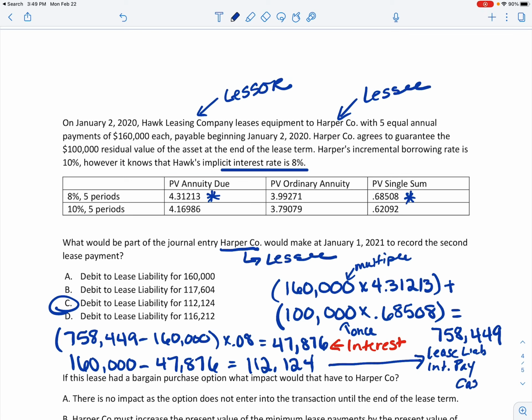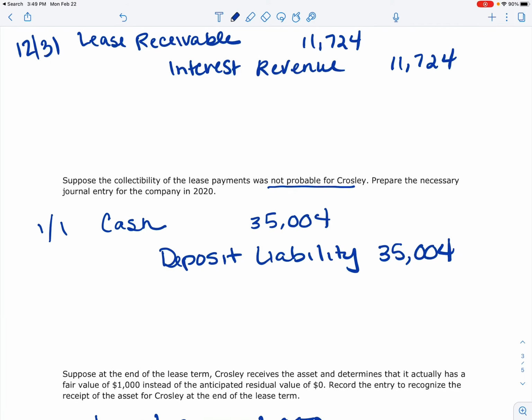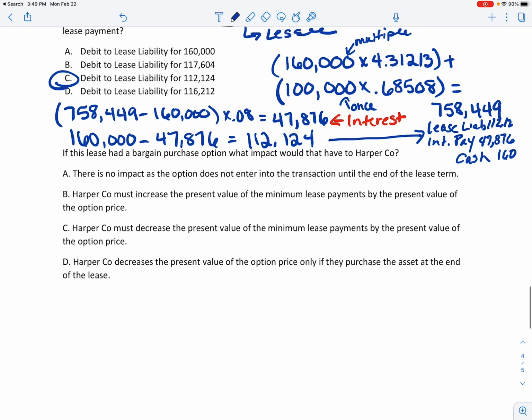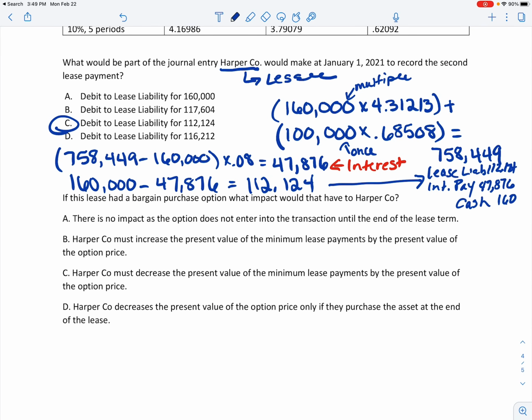And our cash, the cash isn't going to change. That's the $160,000. That interest we figured out is $47,876, and therefore my lease liability is kind of a plug figure of $112,124. Ran out of space.